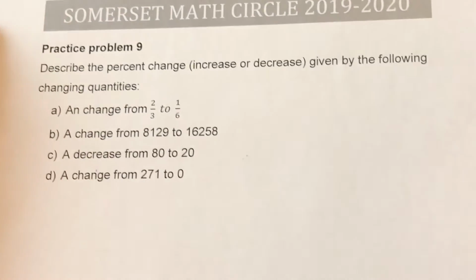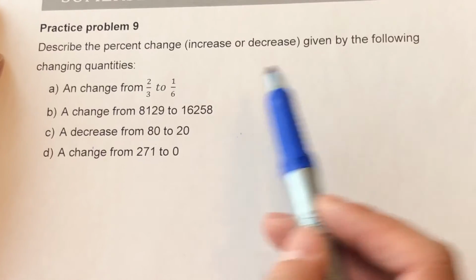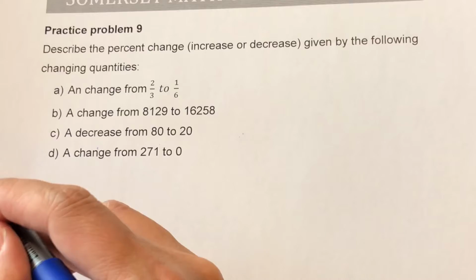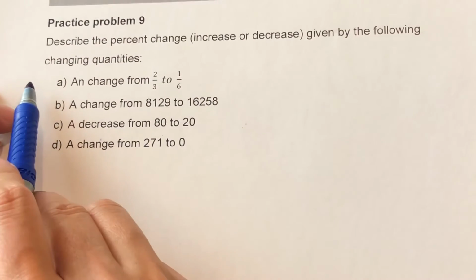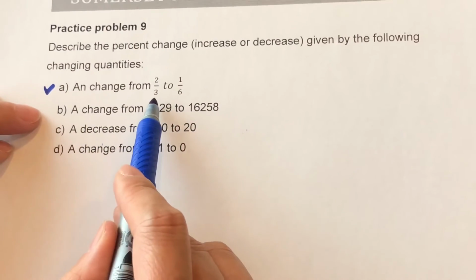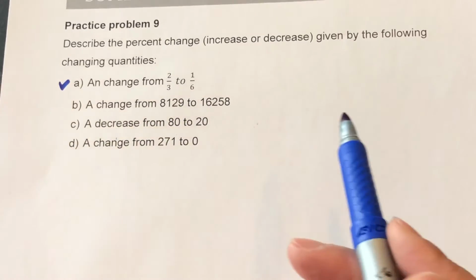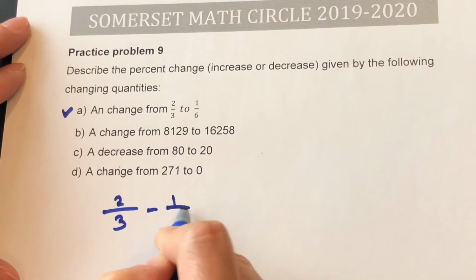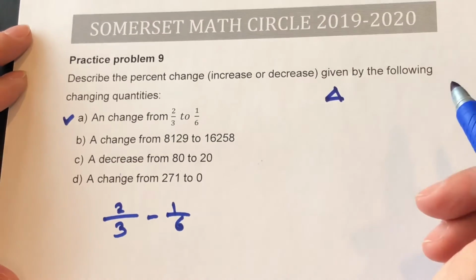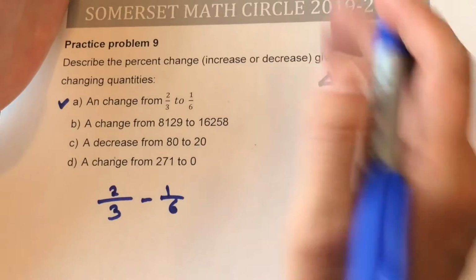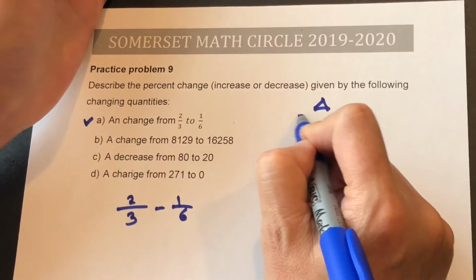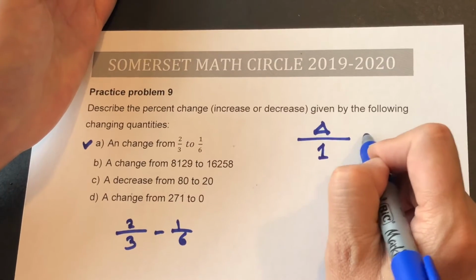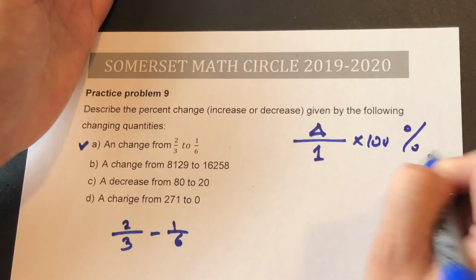Problem 9. Describe the percent change, increase or decrease. This is basically the reverse of problem 8. Let's do a decrease, a change from 2/3 to 1/6. The difference always goes on the top. So the delta, the difference from 1 to 2, is on top, over the quantity of 1, and multiply 100%.